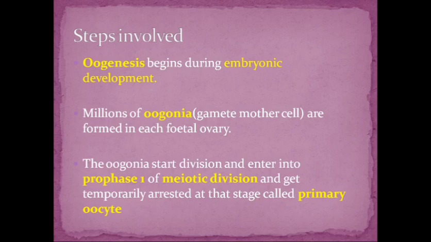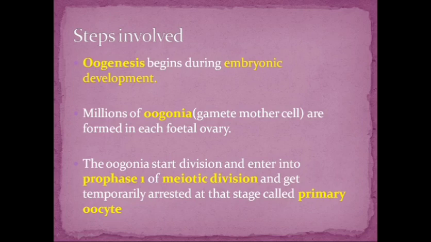Now these oogonia within the womb itself, that is within the fetus itself, start division and enter into prophase 1 of meiotic division and get temporarily arrested at that stage, called primary oocyte. What does it mean?